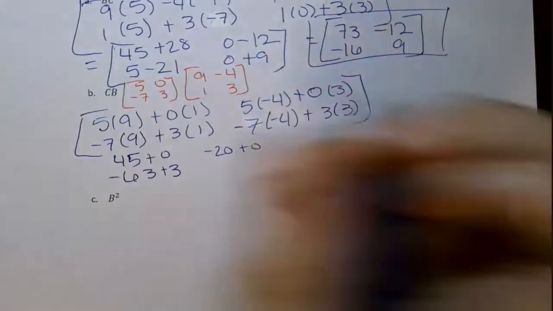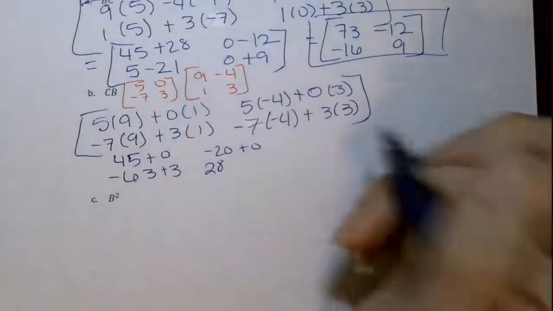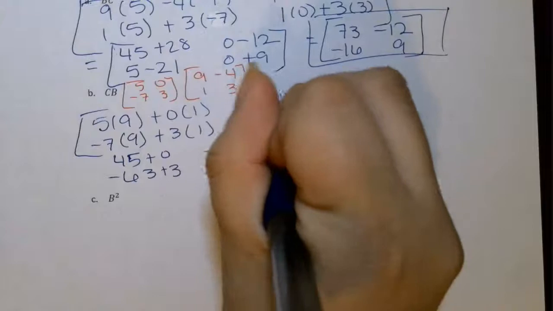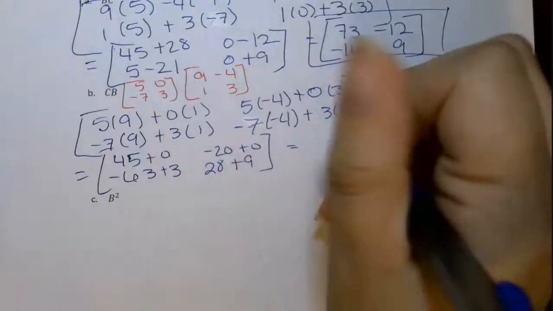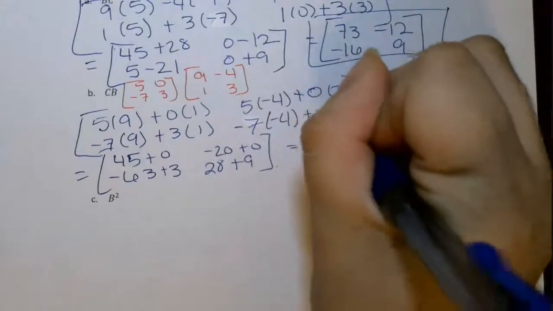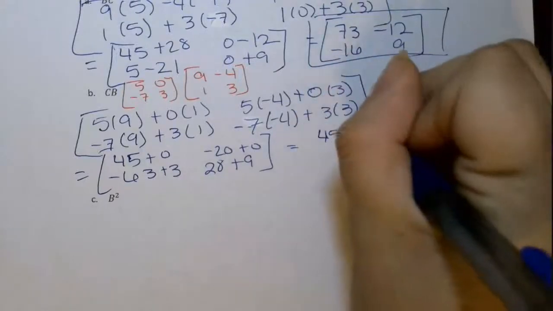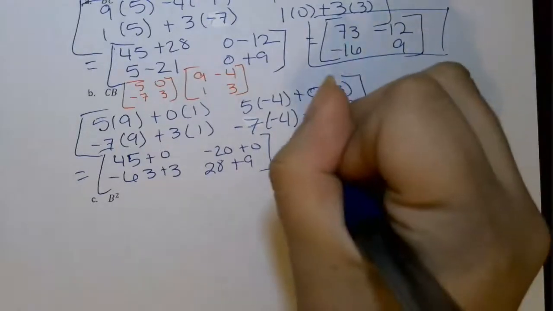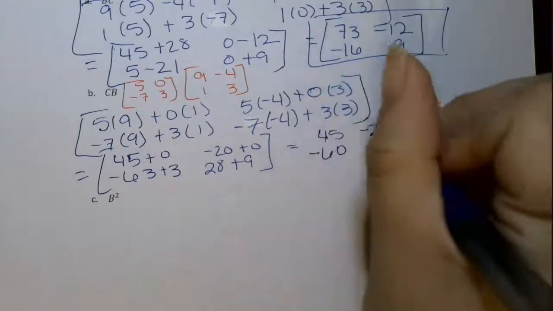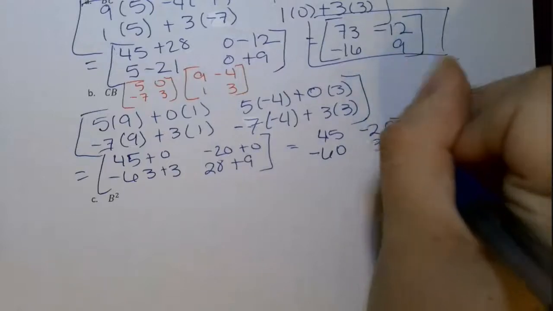Negative 7 times negative 4 is positive 28. 3 times 3 is 9. Then I want to add: 45 plus 0 is 45. Negative 20 plus 0 is negative 20. Negative 63 plus 3 is negative 60. 28 plus 9 is 37.